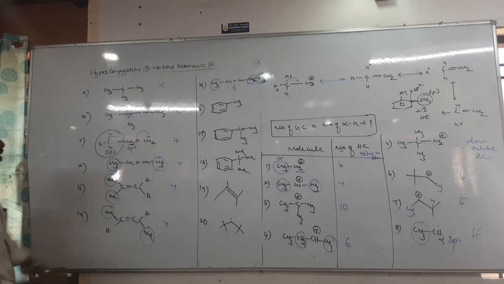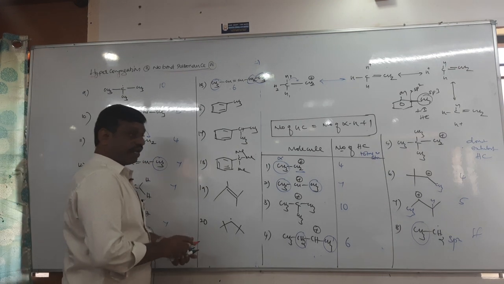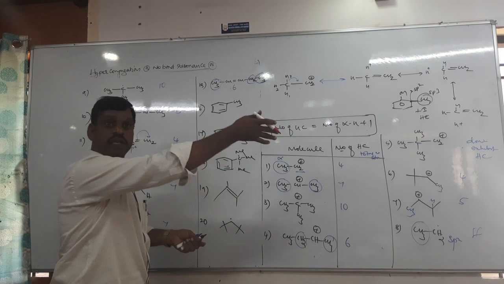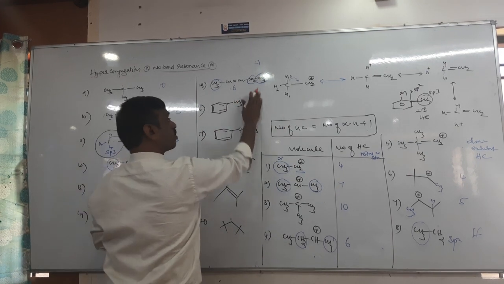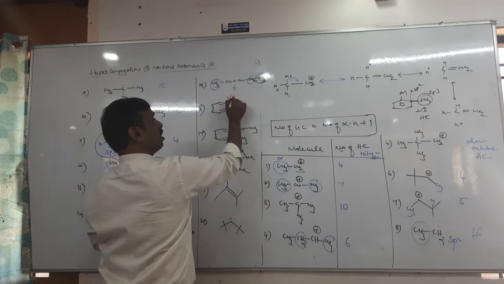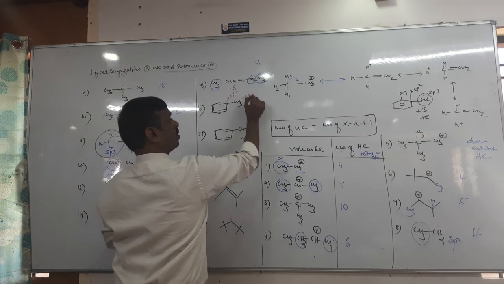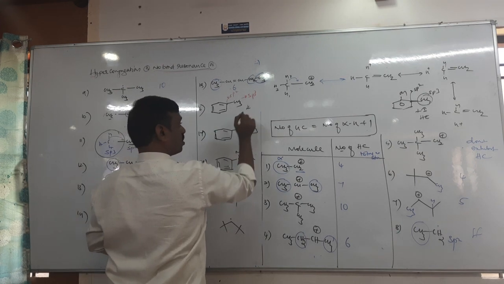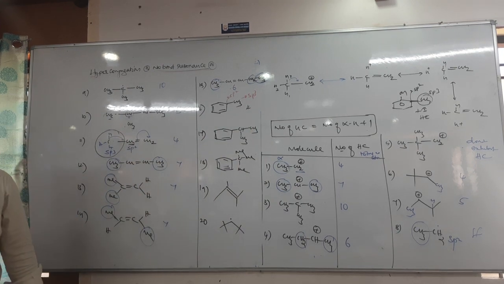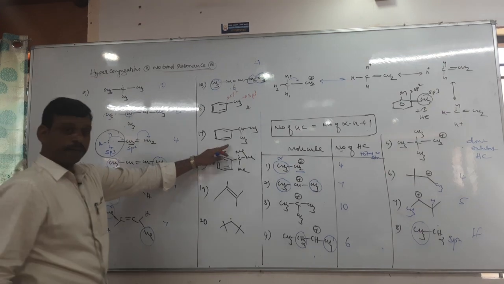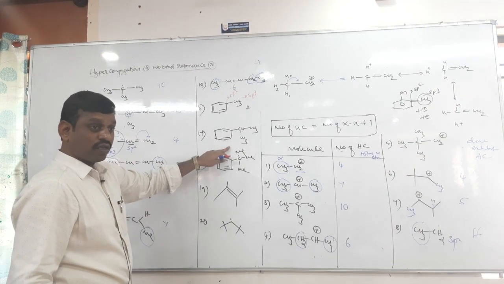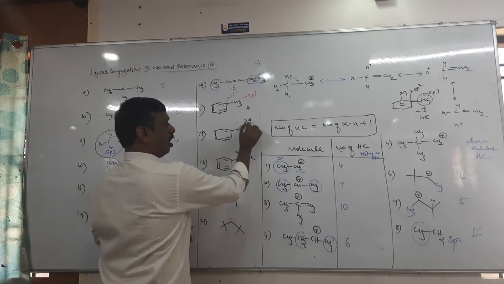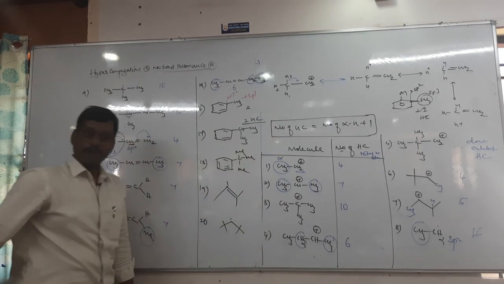Now tell me here, can it exhibit hyperconjugation? Yes, we have written applications, we have written many. So it exhibits hyperconjugation because there is an sp2 here, sp3, right? So hyperconjugation is possible. How many hyperconjugation structures? 3 plus 1, 4. Next here, how many? Only 2 hyperconjugation, because there is one alpha hydrogen.